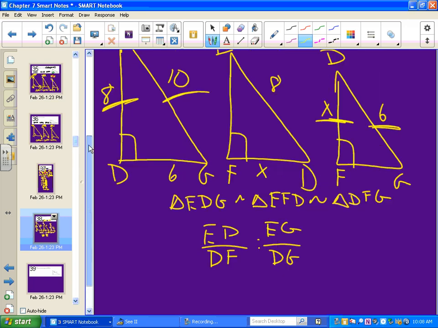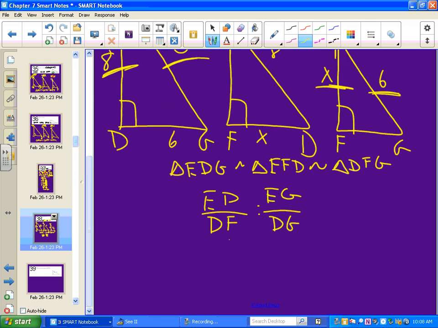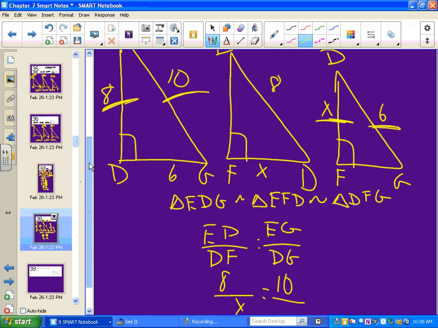From here, I substitute in. ED is 8. DF is x. EG is 10. And DG is 6.